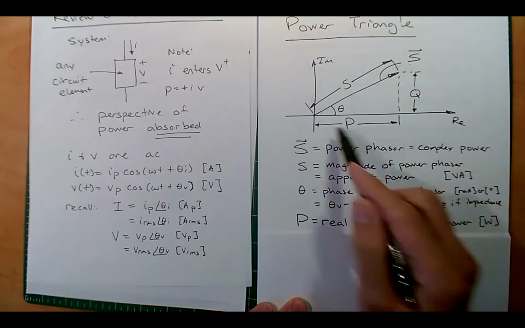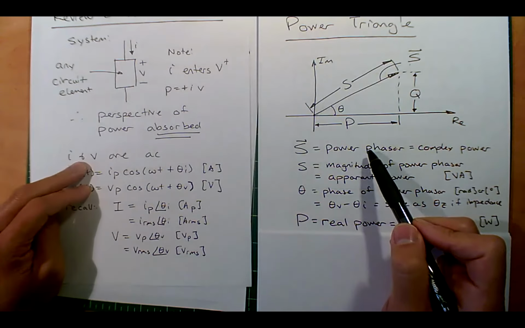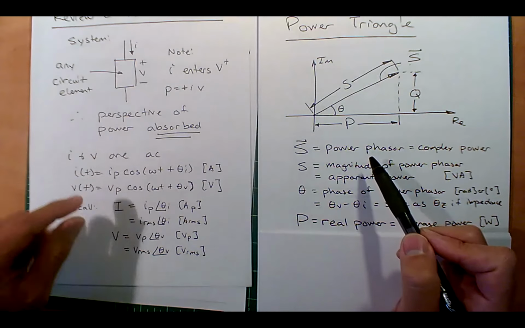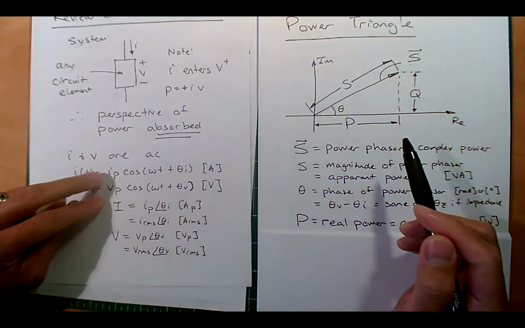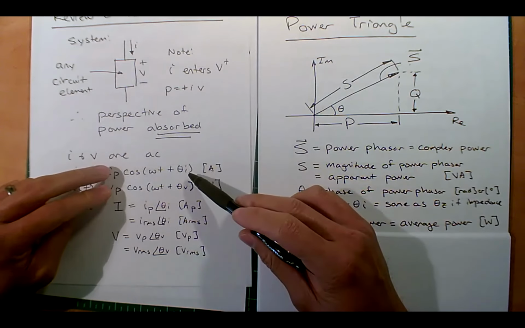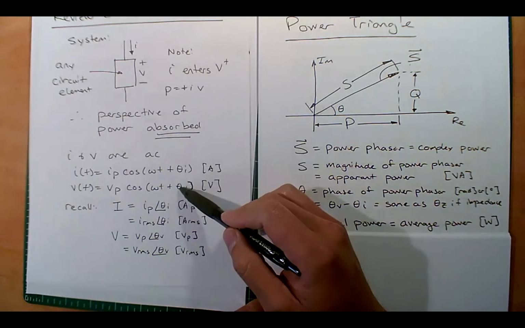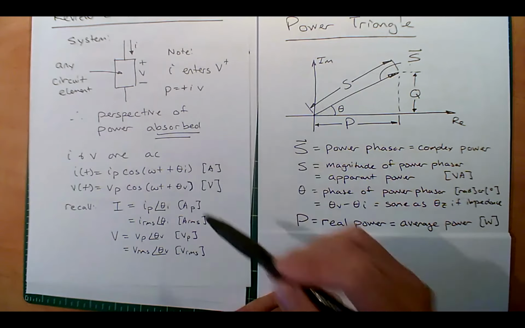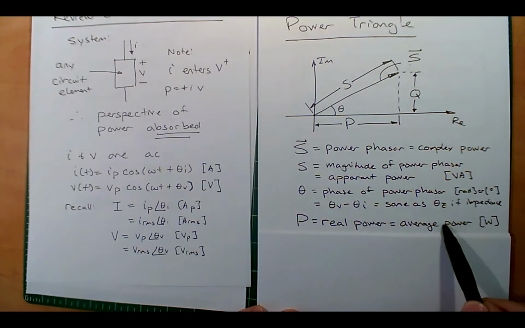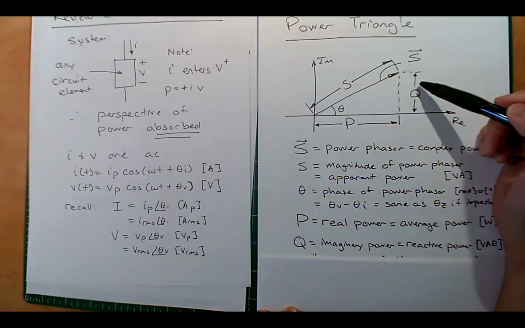All right, what's P? P is the real power, or the average of the instantaneous power. And what's the instantaneous power? It's the multiplication of these two. If you recall from 250, if these are sinusoids going up and down, the instantaneous power will also be sinusoidal at twice the frequency, because there are going to be twice as many zero points. So you have your real power, which is the average of this, and then you have Q. Q is what we call the reactive power.